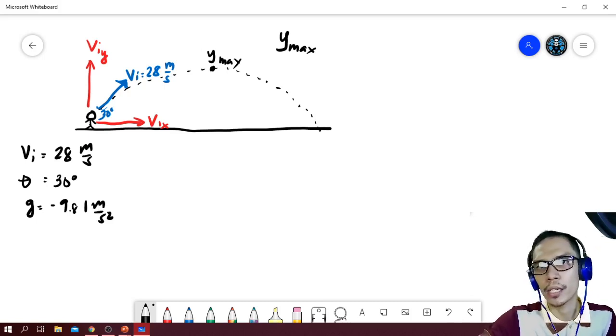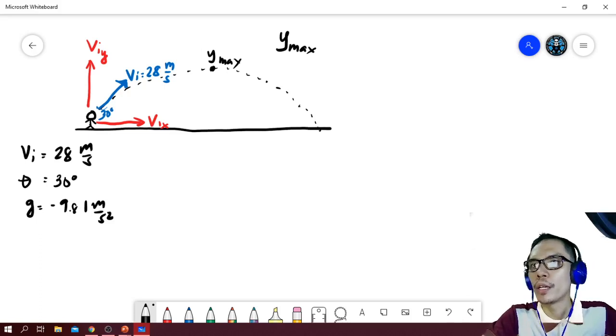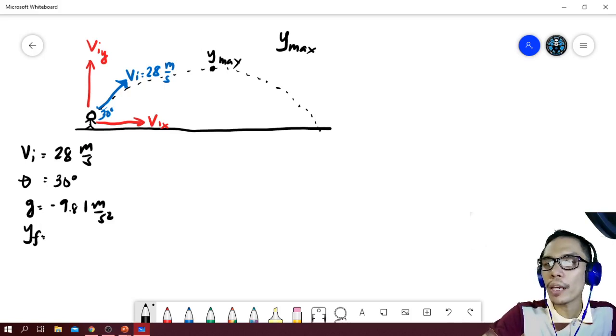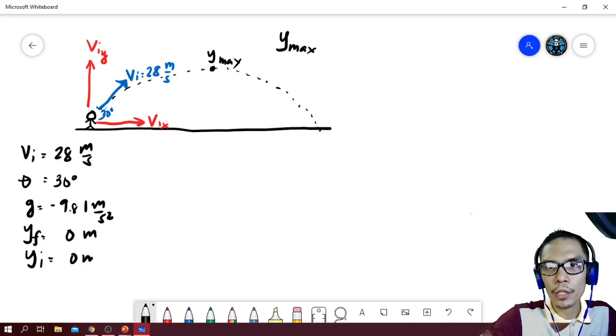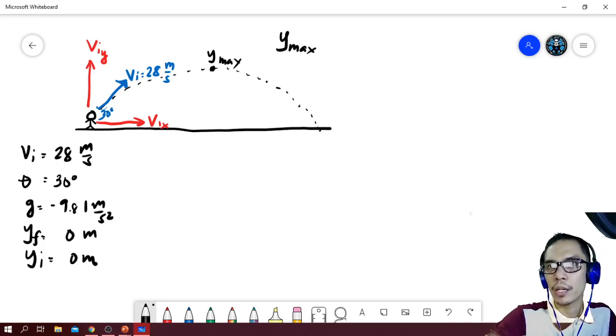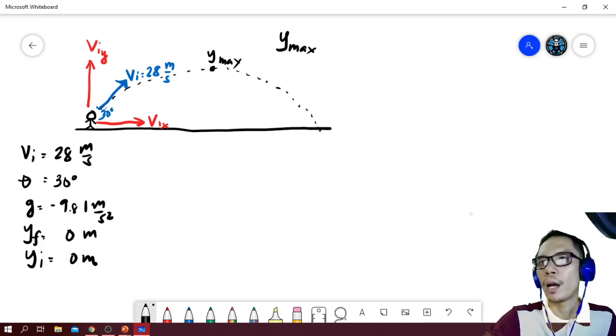What else do we have? The height itself. Y sub f is 0 meters, and Y sub i is also 0 meters. Why 0 meters? Because we did not start on a higher place, as the problem says. So both of them are 0.